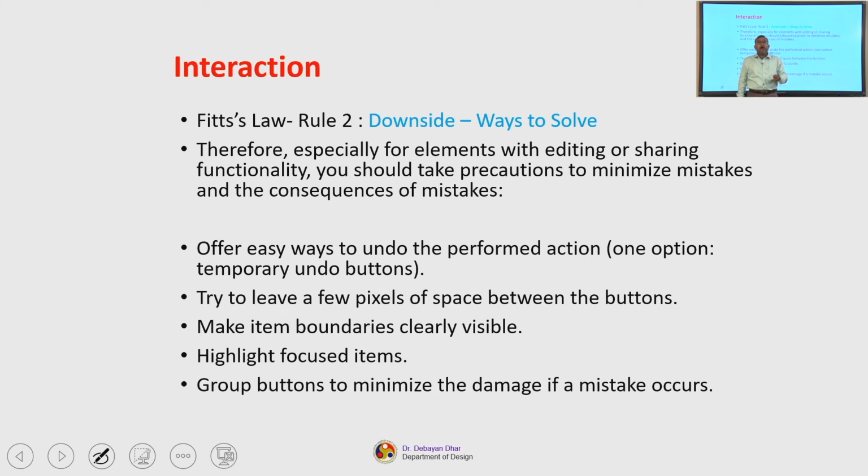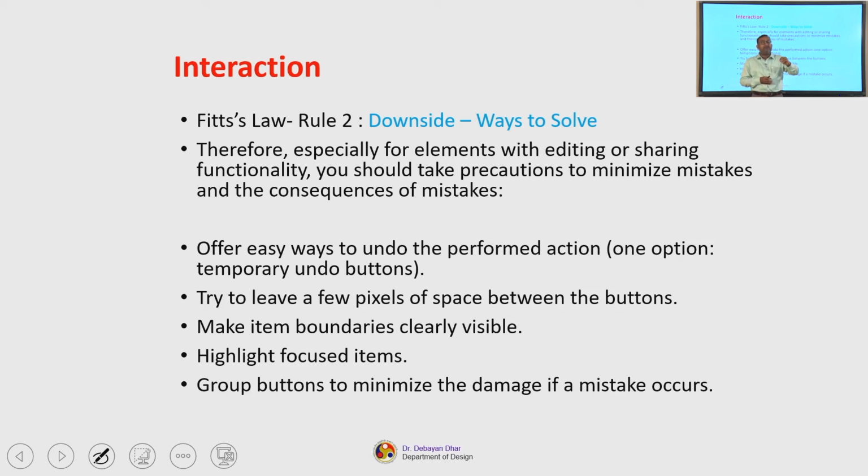Therefore, how do you solve it? Especially for elements with editing or sharing functionality, you should take precautions to minimize mistakes and the consequences of mistakes. You must offer easy ways to undo the performed action. One option is temporary undo buttons, right.